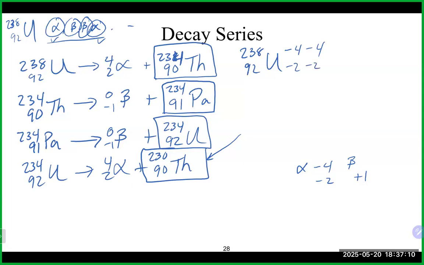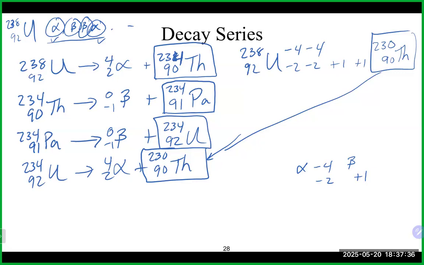And we have 2 betas, which means we're going to add 1 for each of those to our bottom. That's going to get us a total of 230 up on top. 238 minus 4 is 230. 92 minus 2 is 90, minus 2 more is 88, plus 1 is 89, plus 1 more is 90, and that just gets us to our end product here.